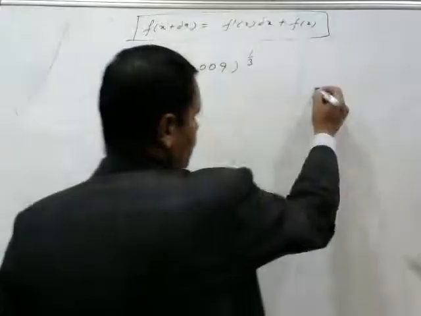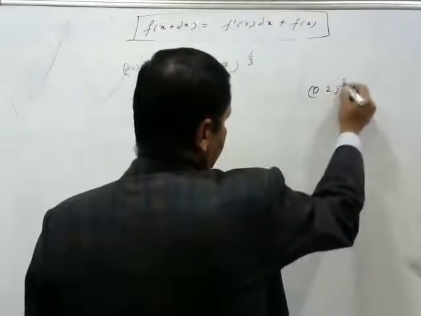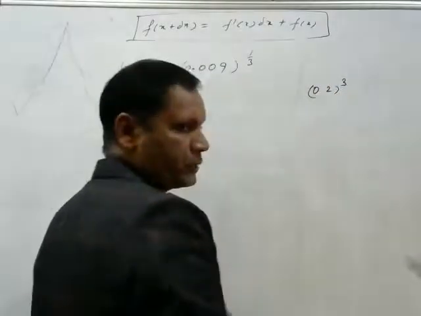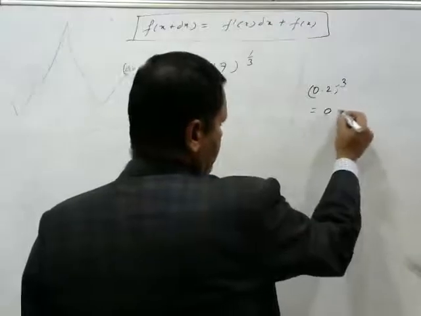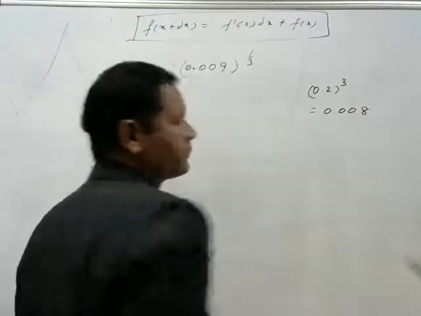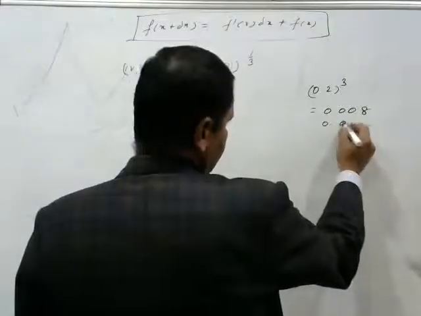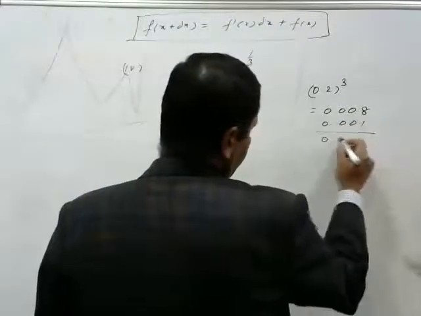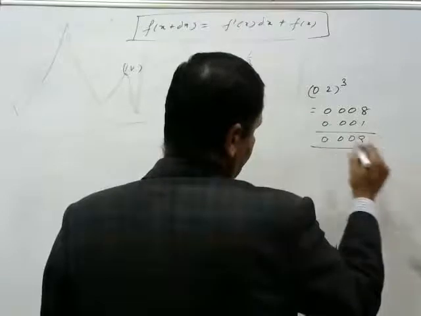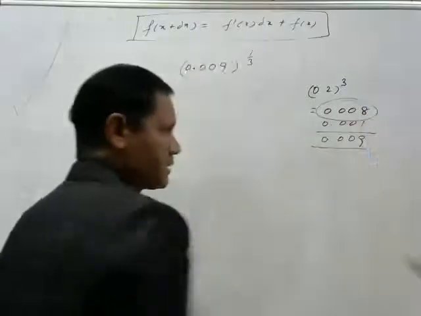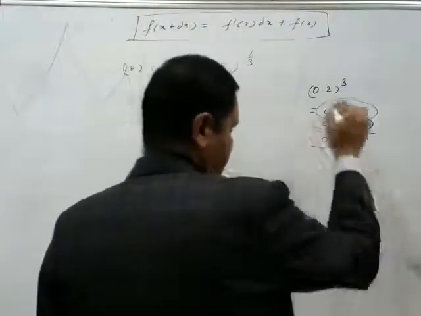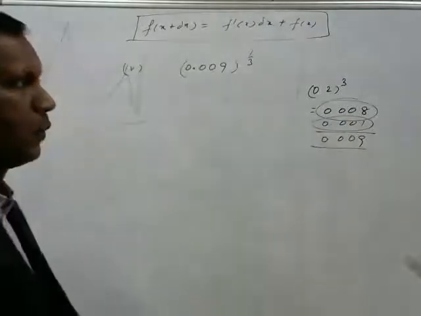If I take 0.2 to the power 3, so 0.2 to the power 3 will get 0.008. Right? And if I add 0.001 to them, I will get 0.009. That means what? This will take as x and this will take as delta x. Why I have taken?